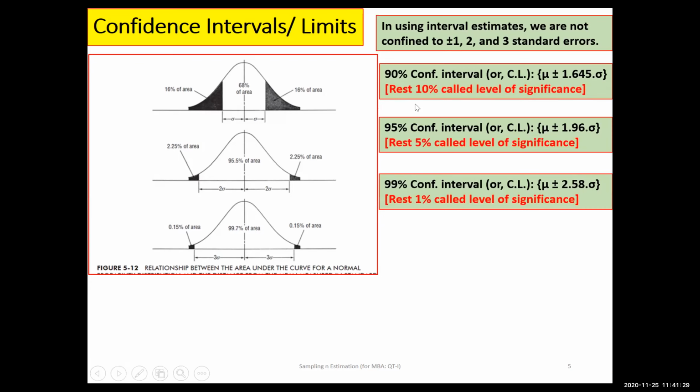That rest is the error. The last one is the 99% confidence interval, and the confidence limit will be 2.58. So note down these 3 numbers: 1.645, 1.96, and 2.58.